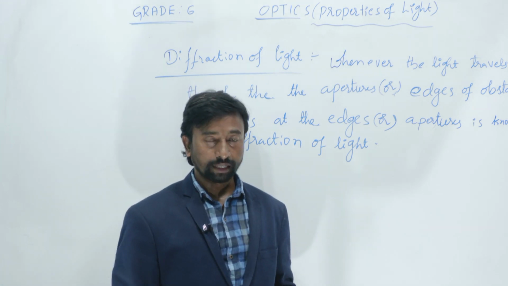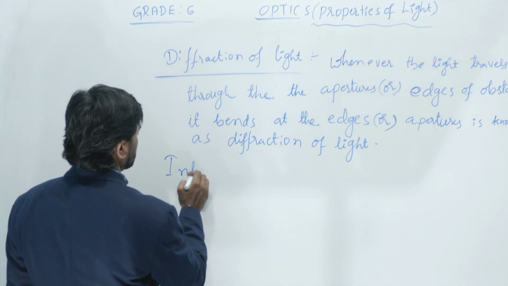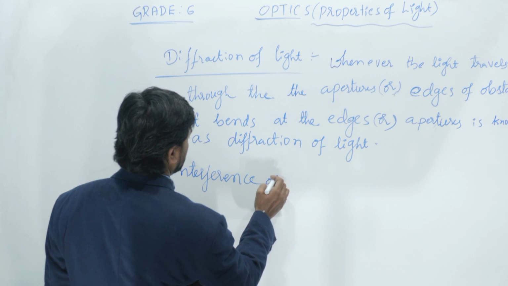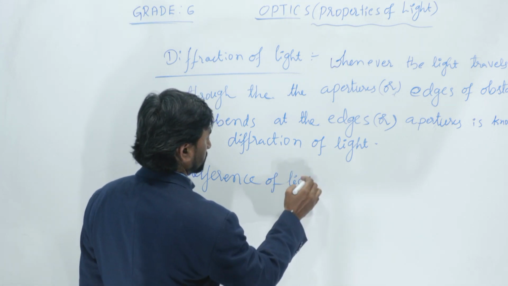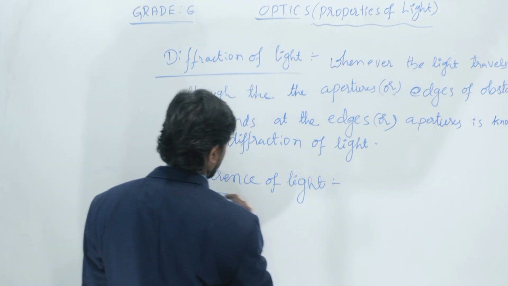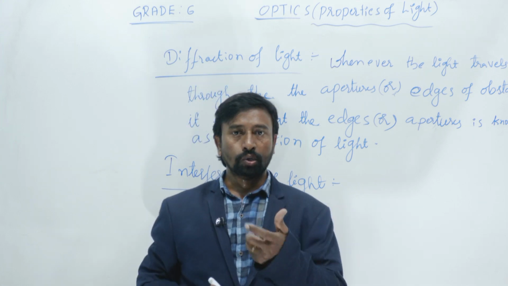And the next property is interference of light. Interference of light is when two lights come from coherent sources.